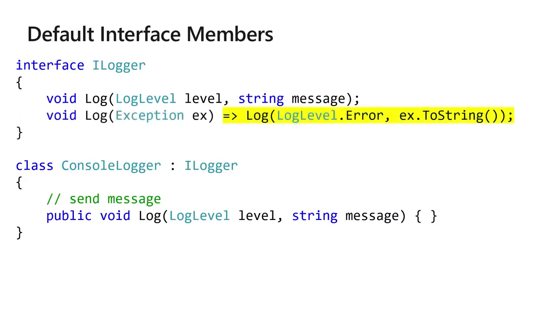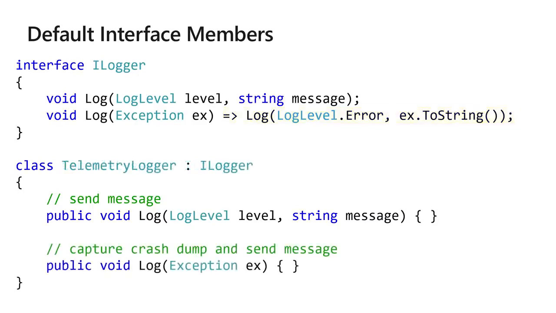But we're now adding the ability to add members with a method body, which is a little unusual for interfaces, but it's going to be really useful, because now existing implementers like console logger down here can get that default implementation without having to change, and therefore you've added that member without breaking them. Of course, new implementations will likely provide their own implementation. This is mostly a feature just to make sure that you are compatible.